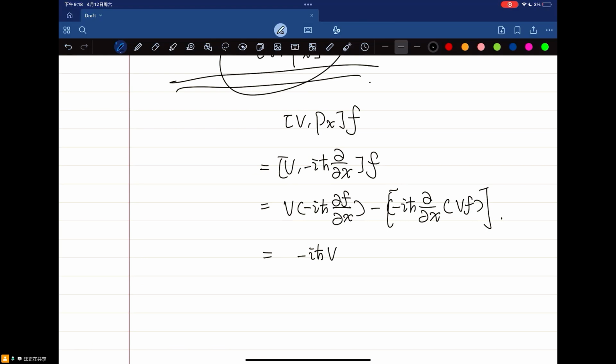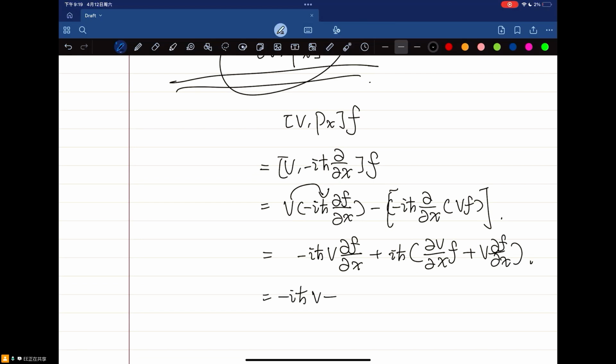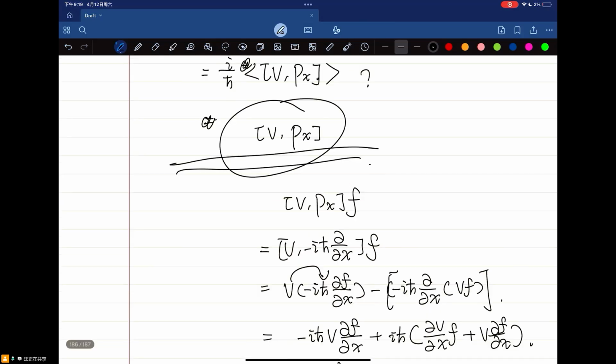And I can just move the V to here because V is not a derivative. Okay, so here we'll have del V del x f, and then plus V del f del x. And then let me write everything explicitly.